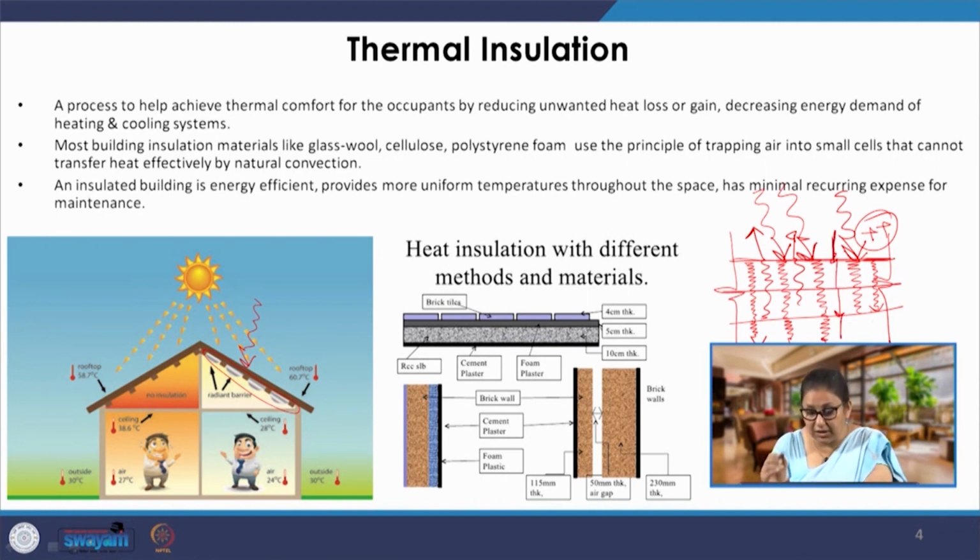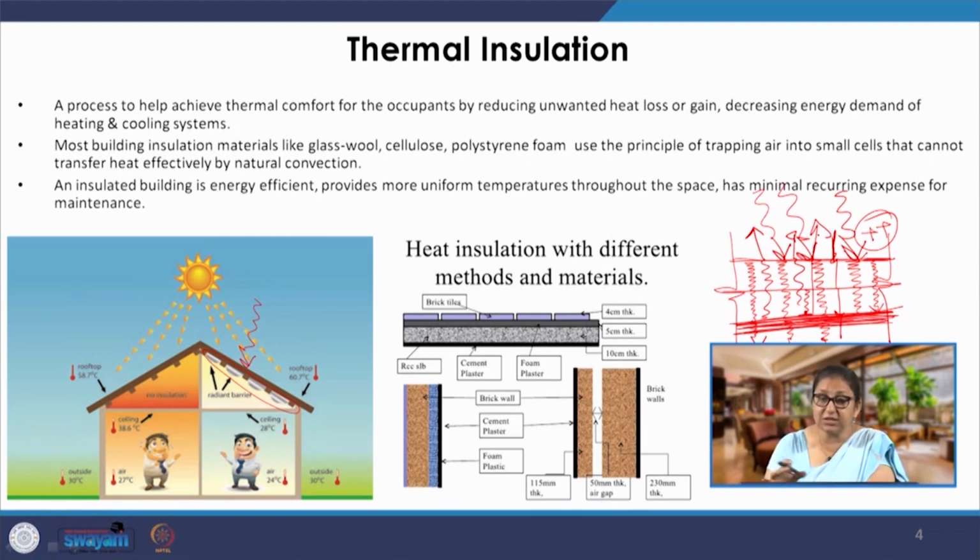Now, imagine if we have an insulation layer here. We add a barrier. Once we have added this barrier, when the heat is trying to escape to this side, there is a barrier of a low conductivity material, and it will stop it from going to this side. So, this heat will ultimately have to escape to the outside.